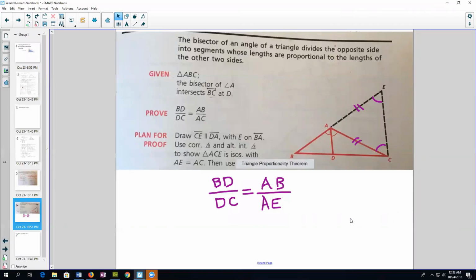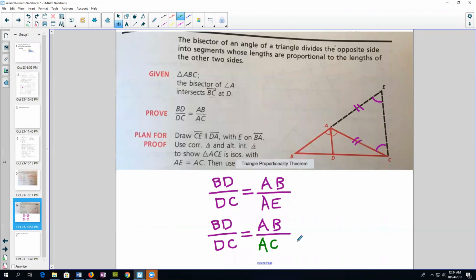And now I'm just going to substitute. AE here is equal to AC. So I'm going to substitute that into this position. AE is equal to AC. And this is what we're trying to prove. This is not a complete proof, but it's the idea of the proof.